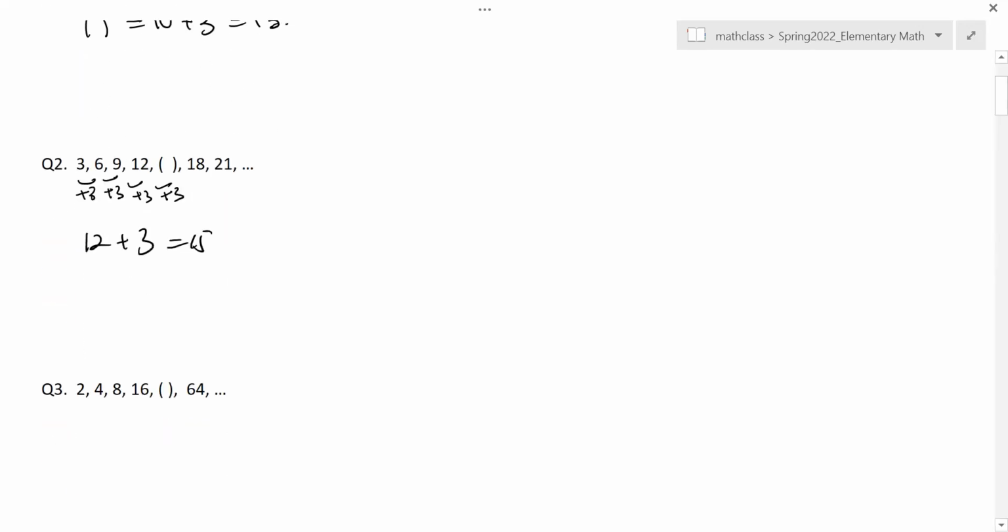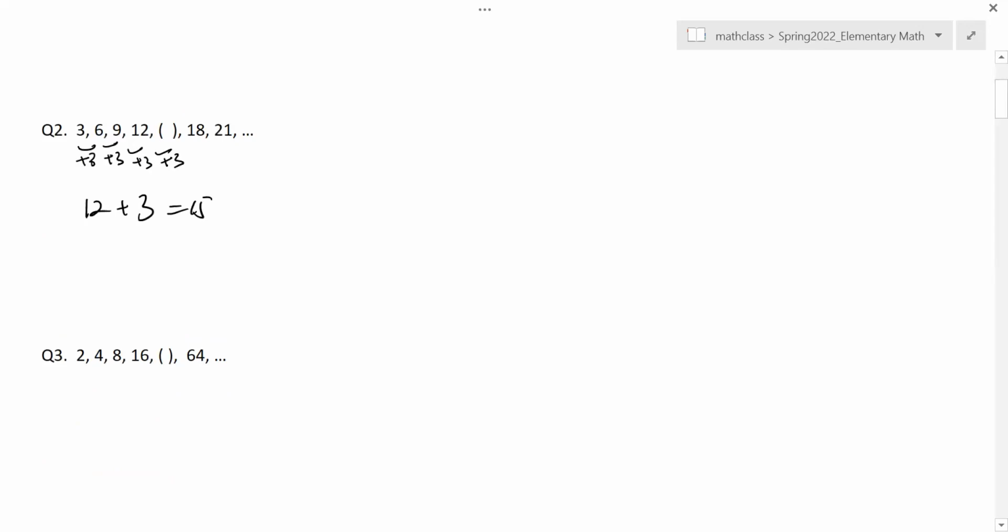The next one is slightly different. You can also try to add numbers to the previous term, but you will see that it's changing, so it's not the same number. You can add 2 to 2 to get 4, but then you have to add 4 to 4 to get 8, then add 8 to 8 to get 16. You can do it this way to figure out the next number, but there's another way to figure it out quickly.